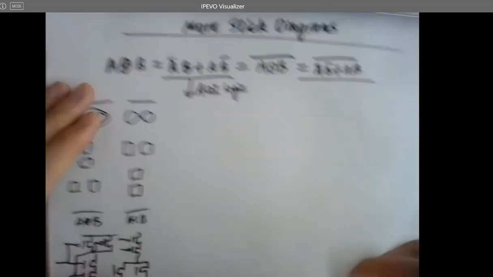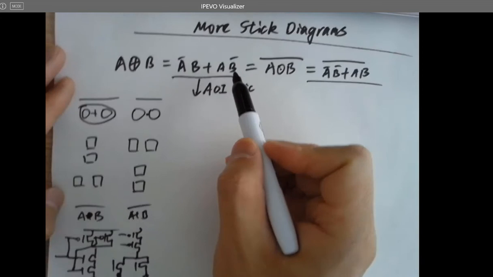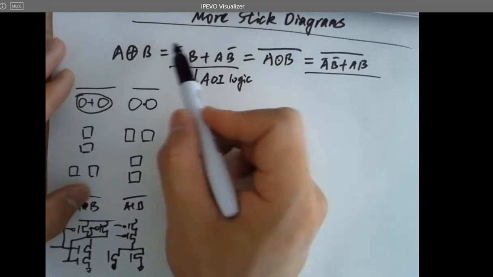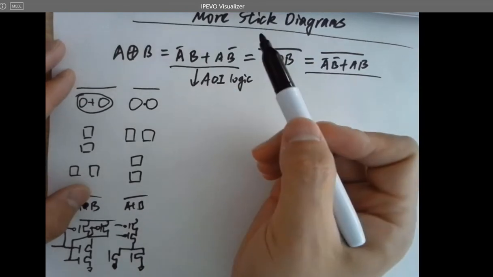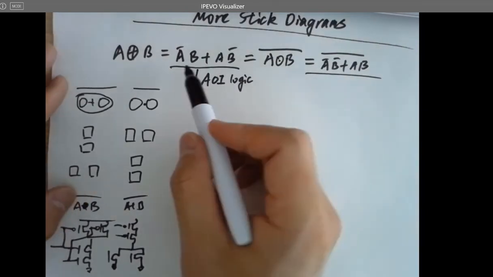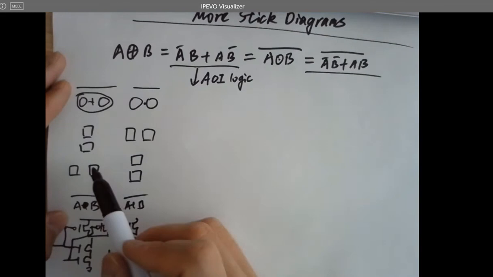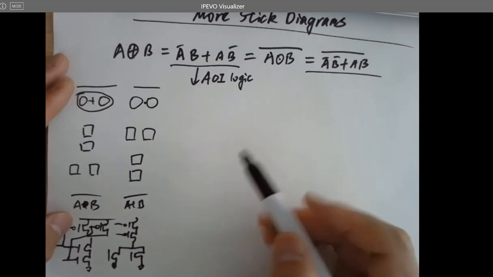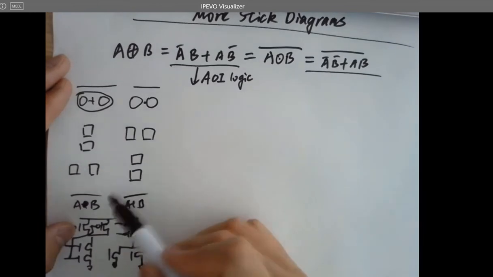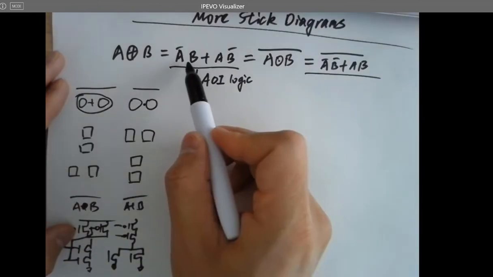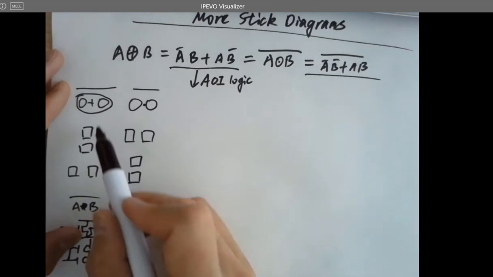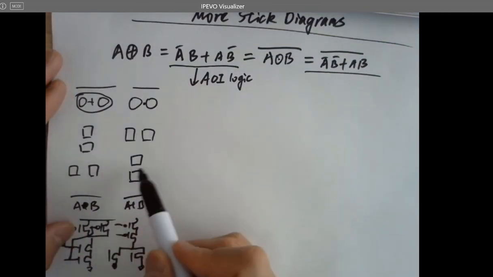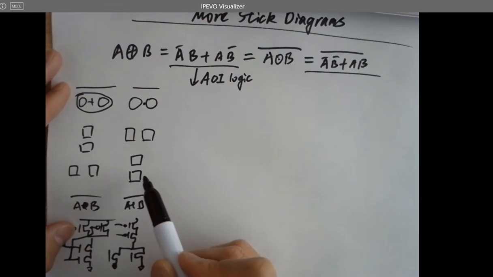Okay, so now we have this logic, and it doesn't have a bar on the top, so you want to add a bar on top. Or if you don't do that, you just follow the rules, and eventually you invert it, which works fine as well. Just follow this rule. If you have an AND logic, then just have two PMOSes on the top in parallel and two NMOSes at the bottom in series.